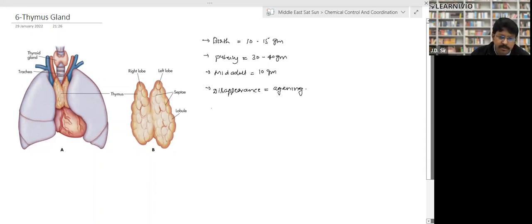It secretes a hormone called thymosin. Full stop.